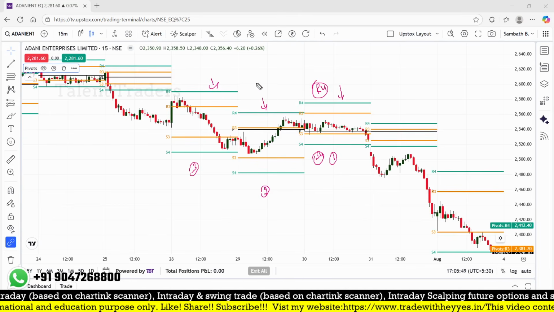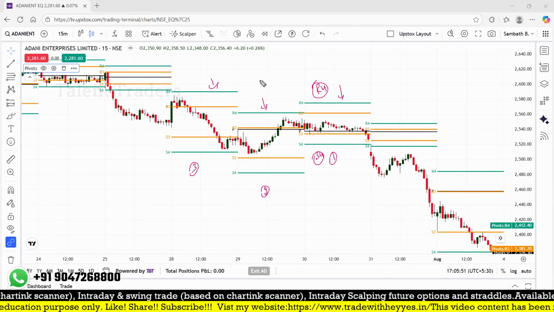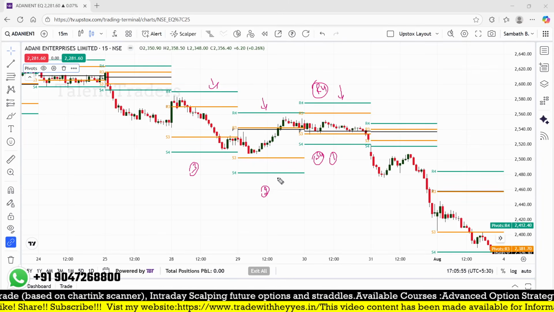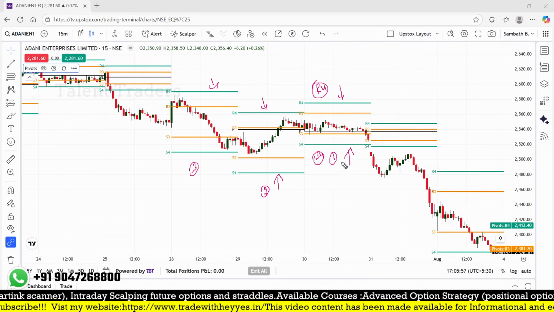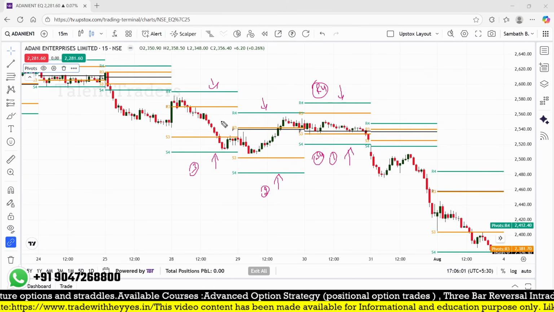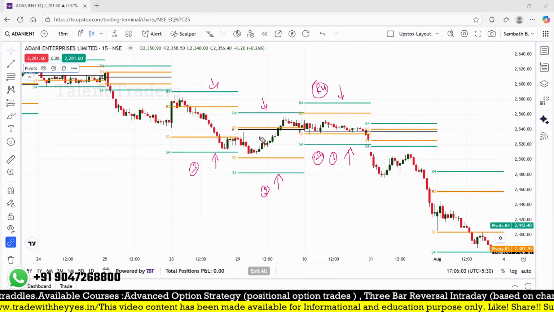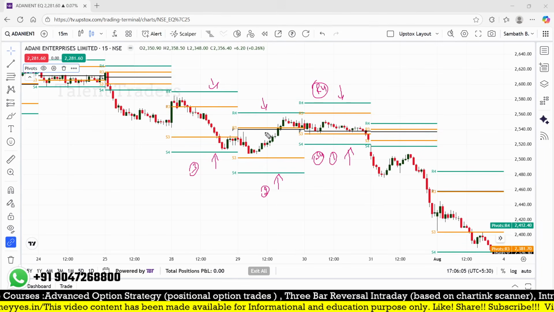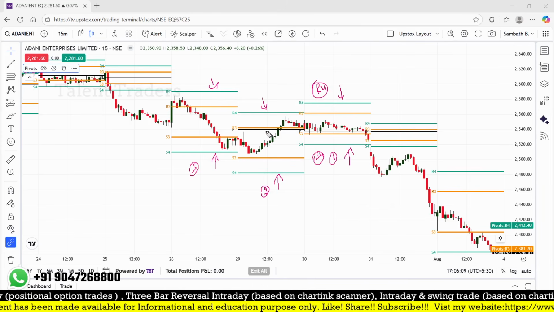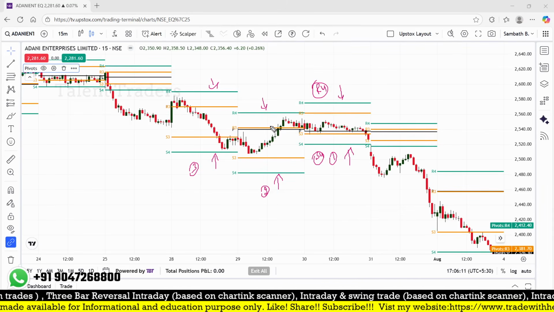So for 3 consecutive days, the stock is trading between the R4 and S4 range of the particular day. So here also S4 is not broken on day 1, day 2 and day 3. So in 3 consecutive days, the stock does not break either the R4 or the S4 level in that 3 day range.